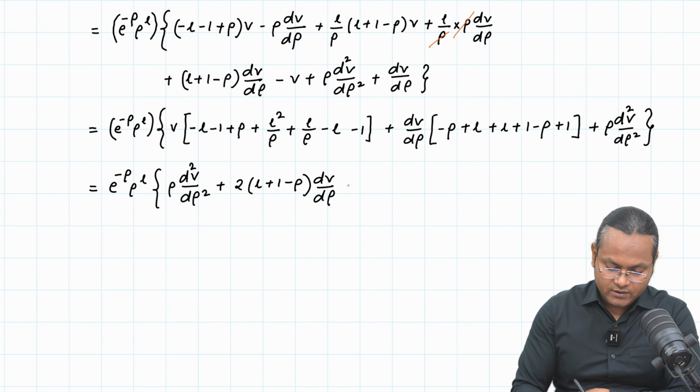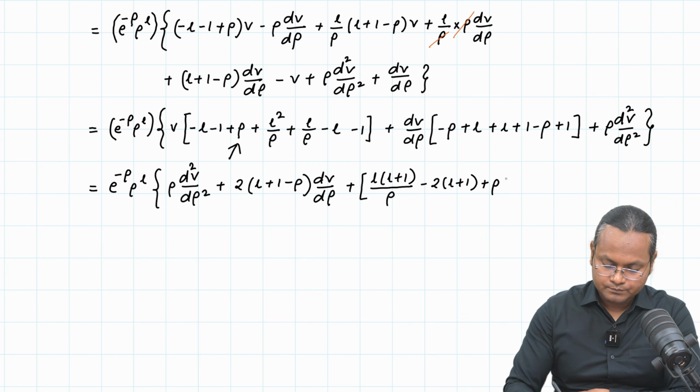And for v, we can write this as minus L and minus 2 and L plus 1 upon rho. So L plus 1 upon rho minus 2 L plus 1 plus rho.